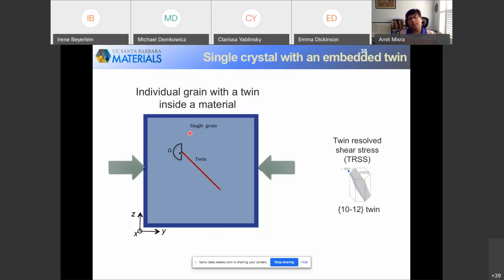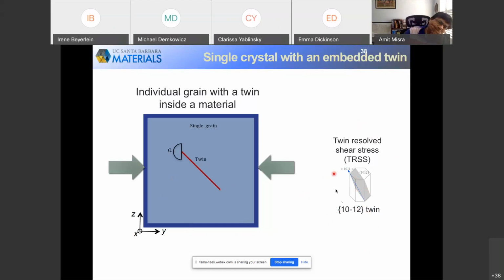And we can just see what would be the stress field around this type of twin. With the stress tensor, we can take any component and map it out. And for this, what I'll show in a second is we choose to calculate or project the stress tensor onto the shear plane in the shear direction.